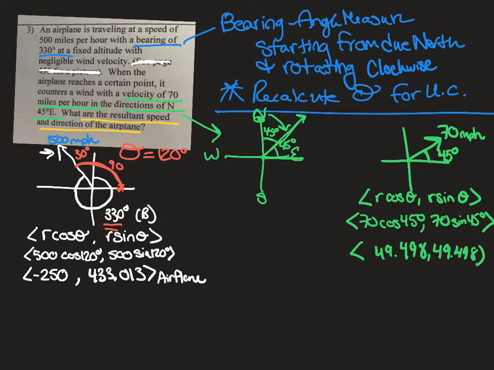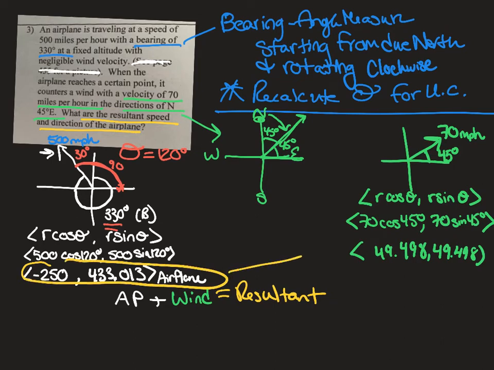So what we're doing is we're adding our airplane. I need to do airplane plus wind is going to equal my resultant vector. So I'm going to add these two things, this plus this. And I'm going to add my x's plus my x's and my y's plus my y's.